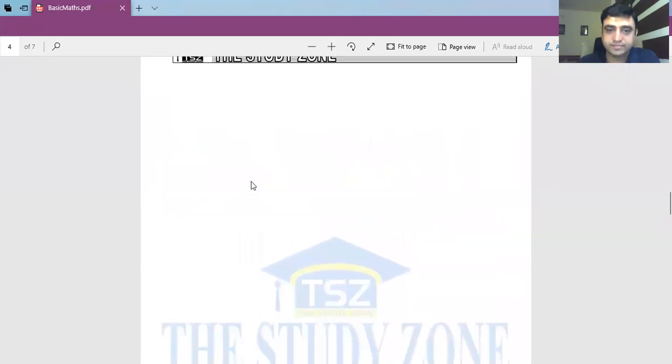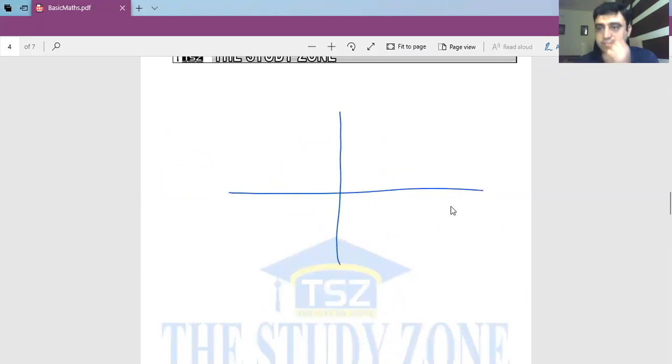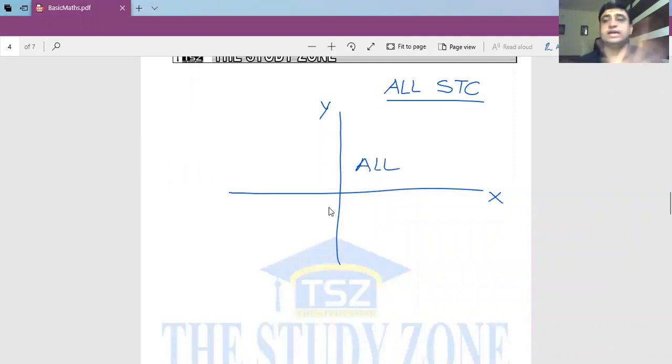To understand that, see this arrangement. I'm drawing the quadrants again. This is the x-axis, the horizontal line, and the vertical line is the y-axis. We measure angle from the x-axis. To understand the signs, you have to remember ASTC. All means that in the first quadrant, all functions are plus: sine, cos, sec, cosec, tan, and cot.